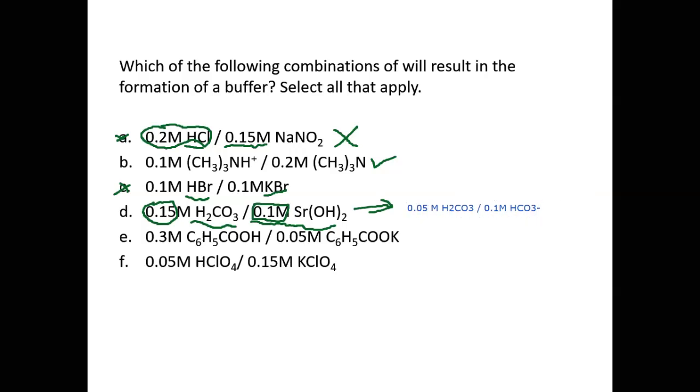So this would be a buffer. So far we have B and D. Next we have 0.3 molar benzoic acid and 0.05 molar potassium benzoate. The benzoic acid is a weak acid, benzoate is its weak base, so this would form a buffer. Next we have 0.05 molar HClO4, 0.15 molar KClO4. This is a strong acid and its neutral conjugate base, so this would not be a buffer. So the buffers are B, D, and E.